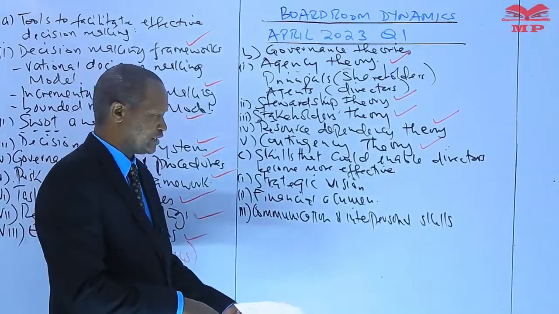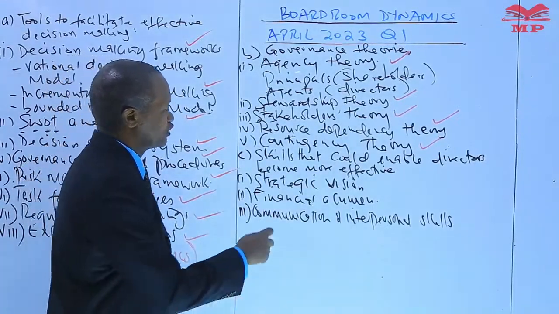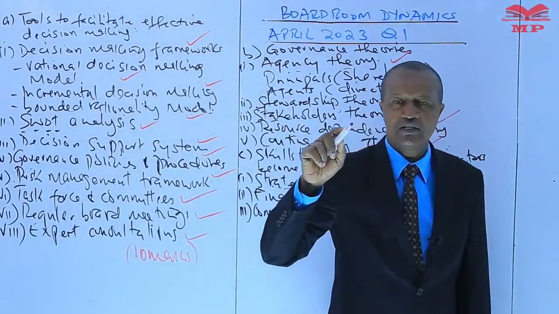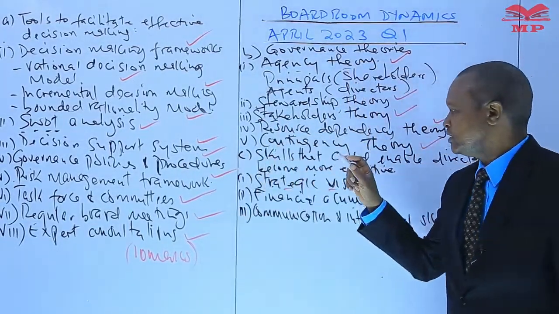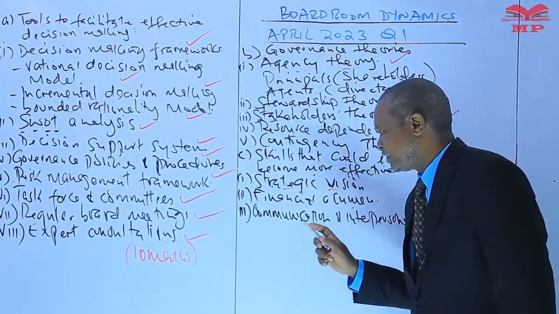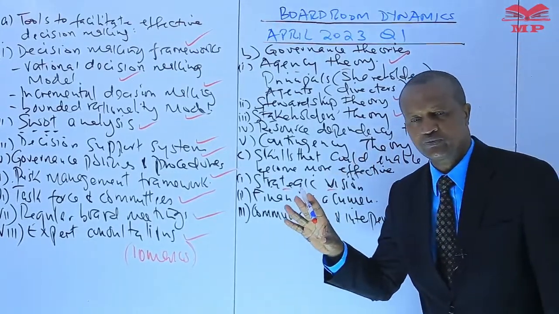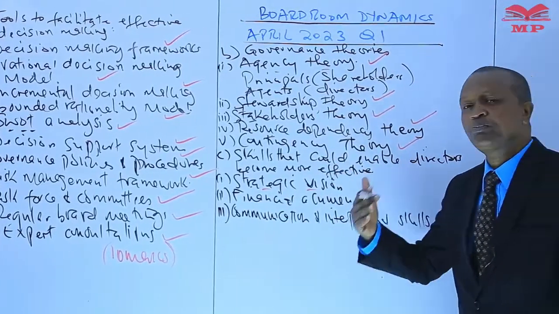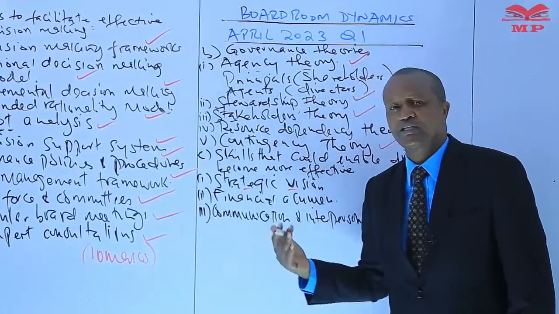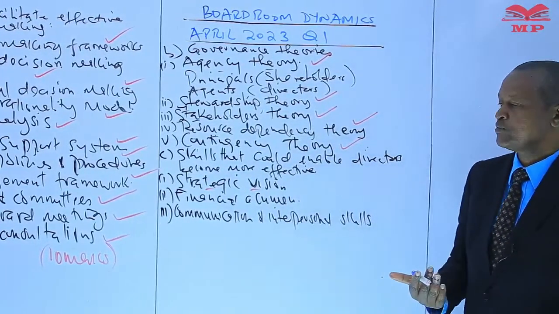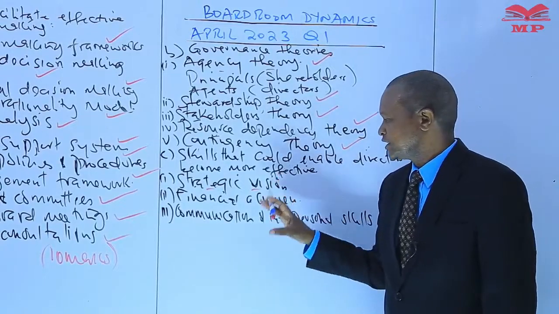We mentioned here that directors should have a strategic vision. This vision that the directors should have about the organization ought to also be communicated to the other members of the company, to other stakeholders.